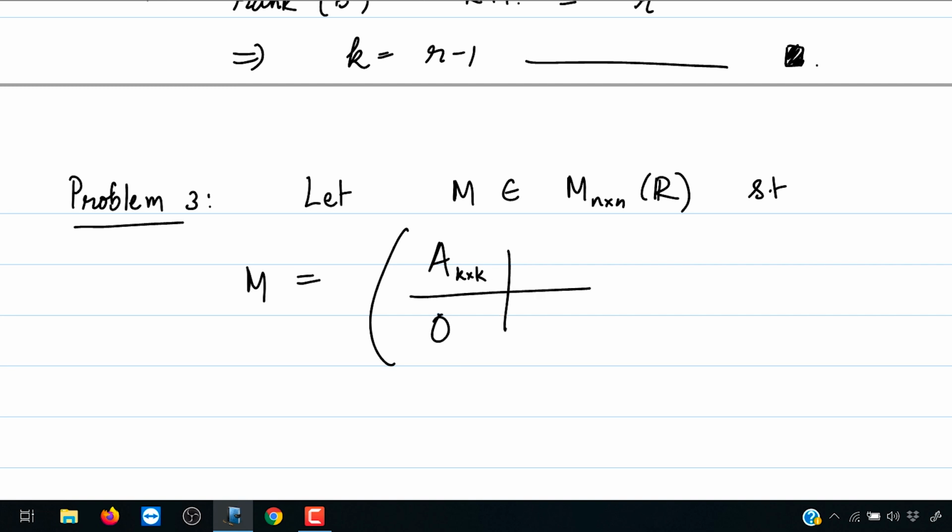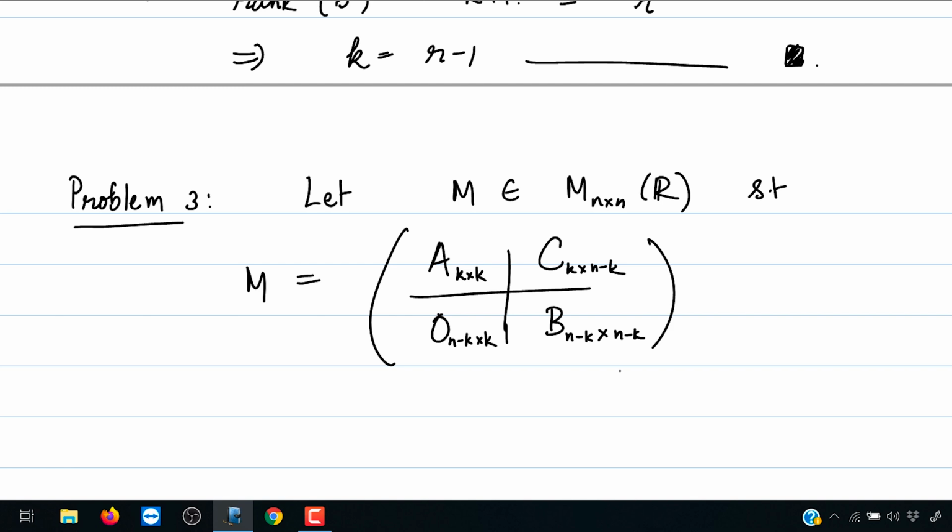So this is a 0 matrix below A, which is of n minus k cross k, and there is a C which is k cross n minus k, and there is a B which is n minus k cross n minus k. So suppose M can be written in this form.